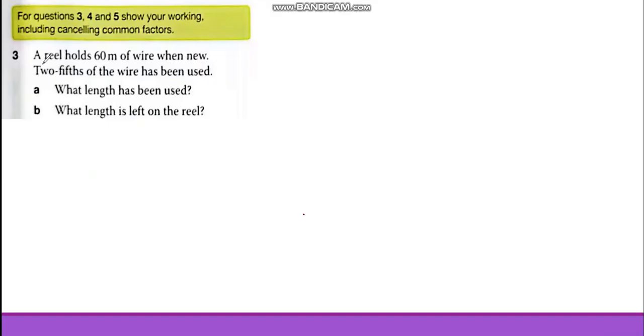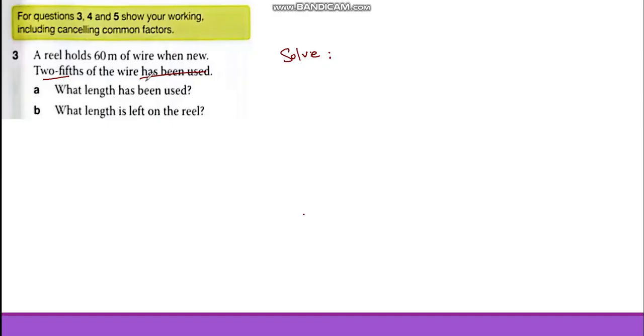In question number 3, it says a reel holds 60 meters of wire when new. 2/5 of the wire has been used. What length has been used? We can solve it by first writing the sentence in mathematical form.